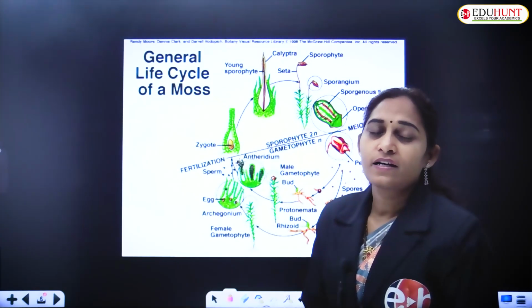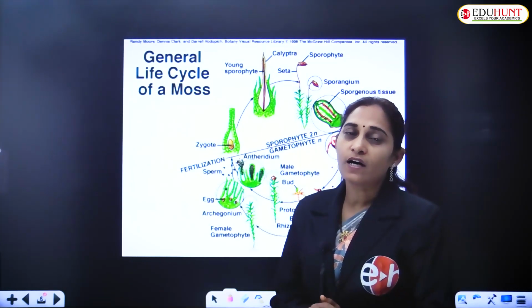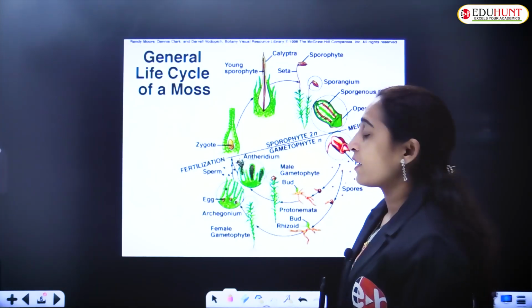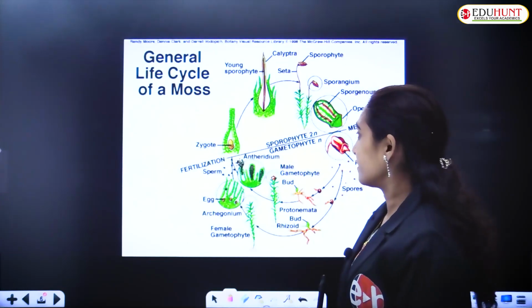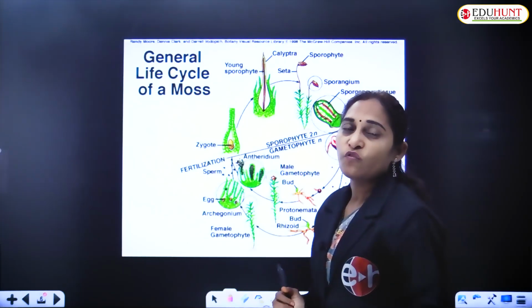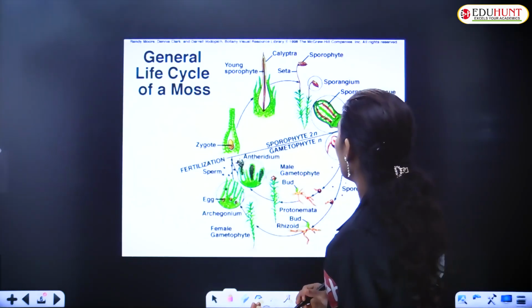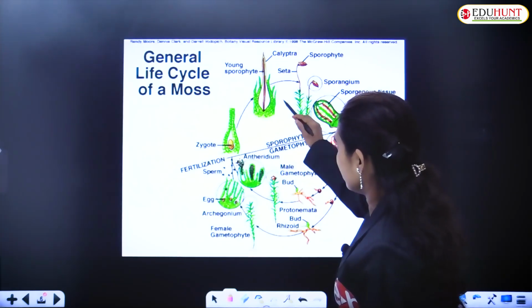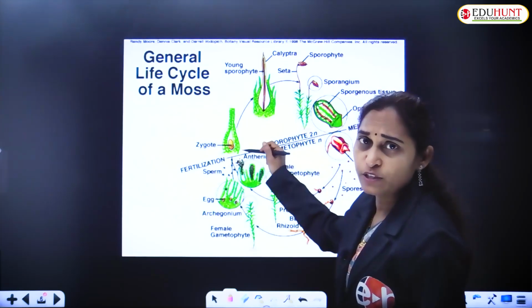Let's see the life cycle of a bryophyte. As I said, there are two phases in the life cycle, as mentioned in this slide picture.